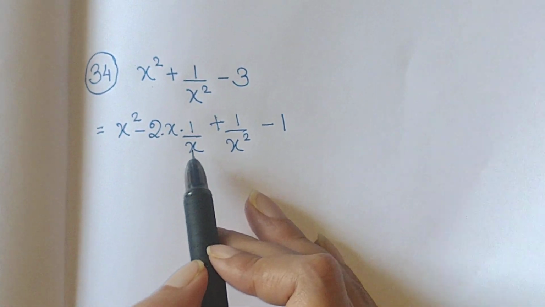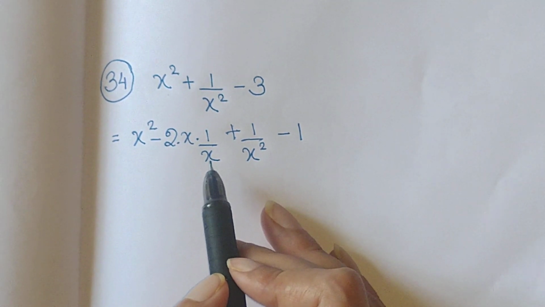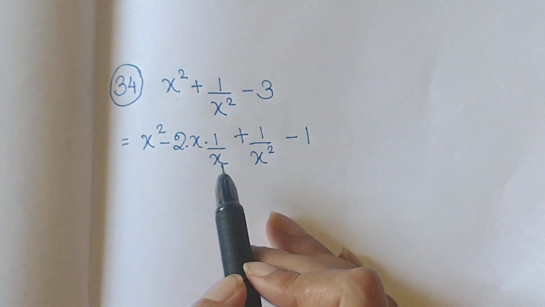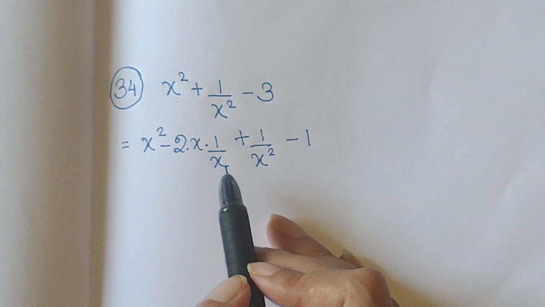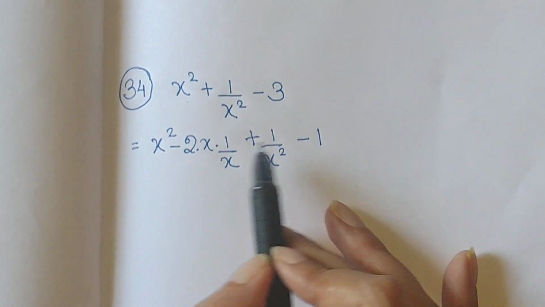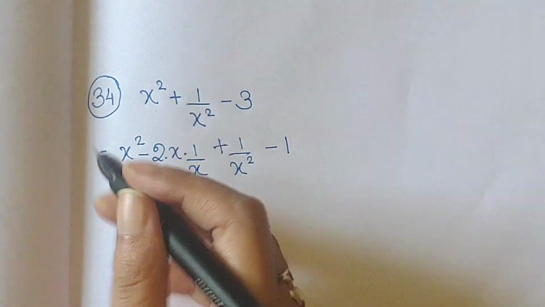I also need to keep in mind that I cannot introduce any extra thing that is not given in the question. So over here you can see x and 1 by x can be reduced, and these minus 2 and minus 1 together comprise 3. So I am not introducing any extra term.